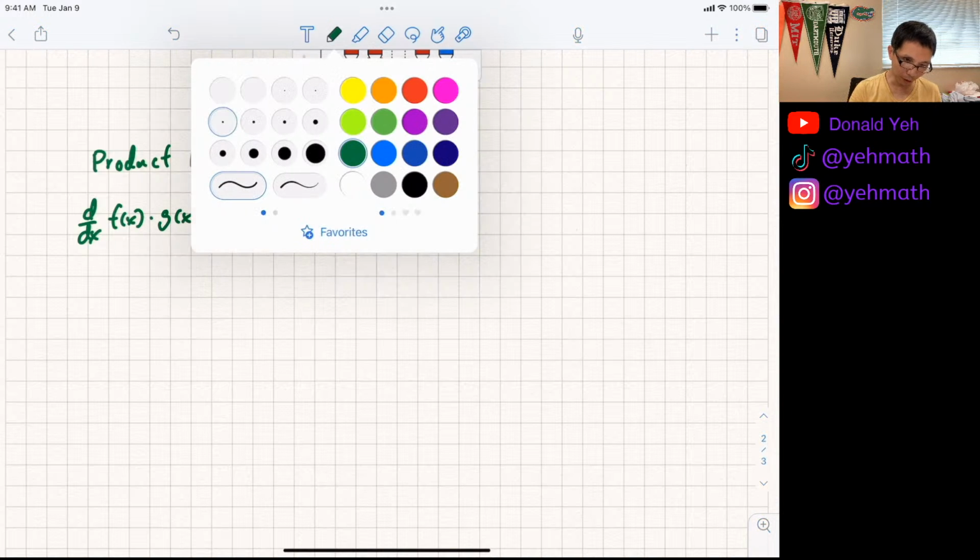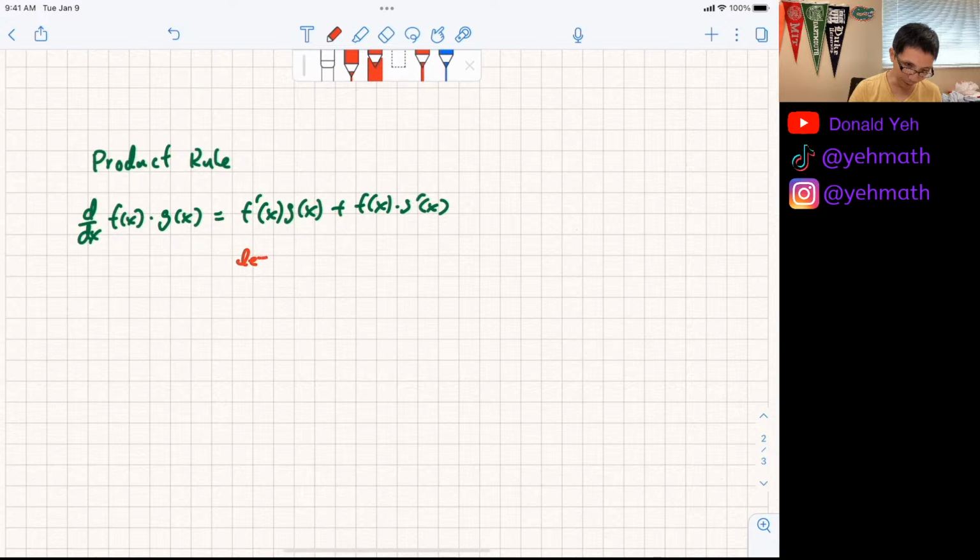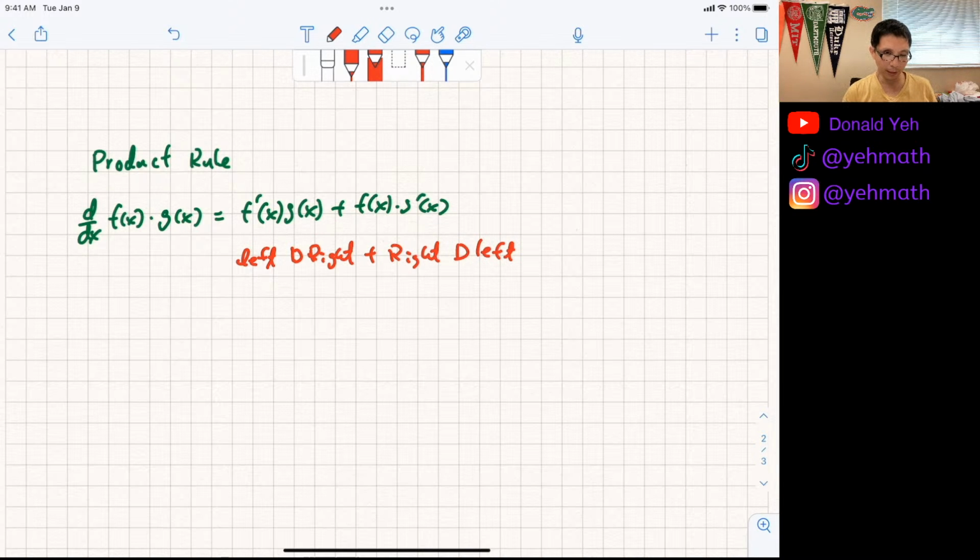I also call it left d right plus right d left. It doesn't matter which order you do. You can do right d left first and then add left d right, or left d right and add right d left.